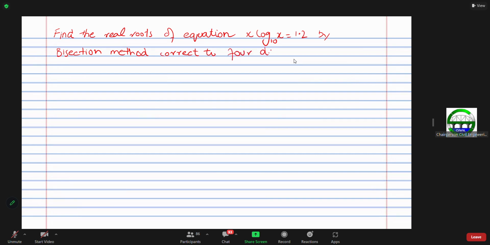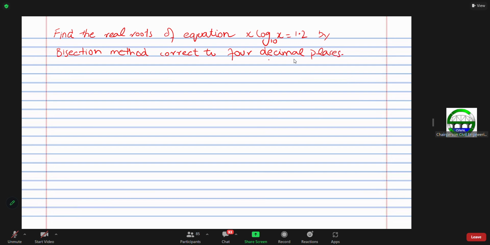Find the real roots of the equation x log10 x = 1.2 by bisection method, correct to 4 decimal places.